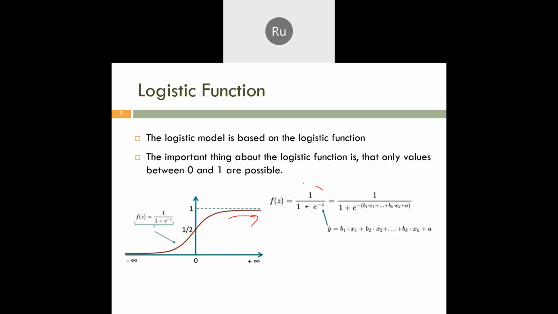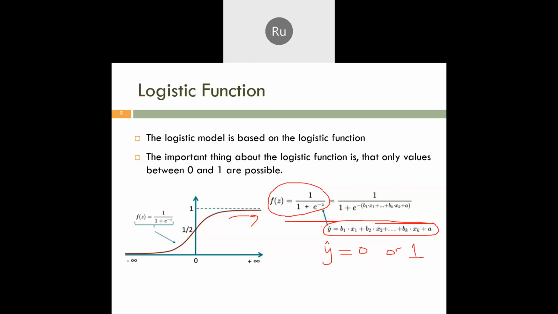The z here is represented by the formula of the linear regression. Notice that given x1, x2, x3, and so on, the value for y hat will be between 0 and 1.